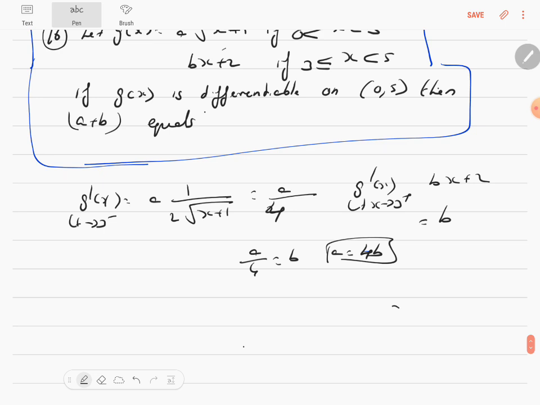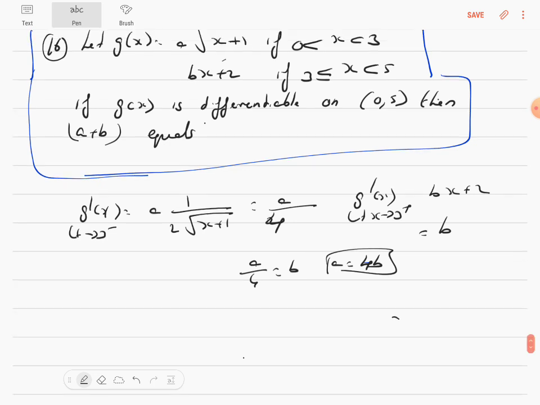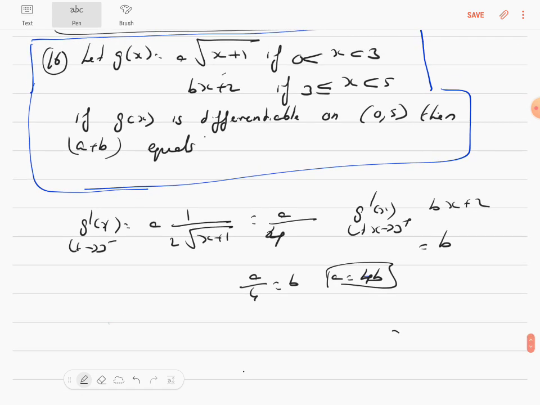But you have to find a relation for a plus b. So the best thing is, for every differentiable function it has to also be continuous. So let's do the continuity between the left side and right side. The left hand limit at 3 and right hand limit at 3 should be equal. So a into root of 3 plus 1 should be equal to b into 3 plus 2.